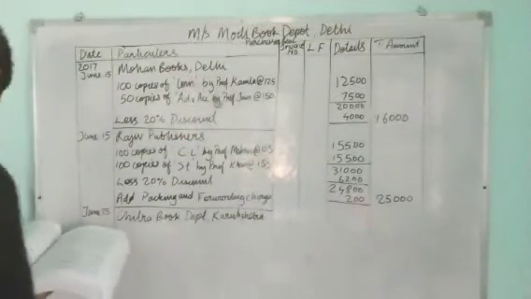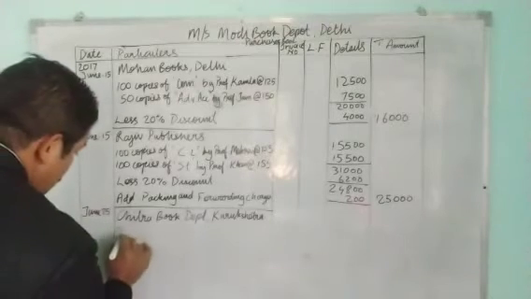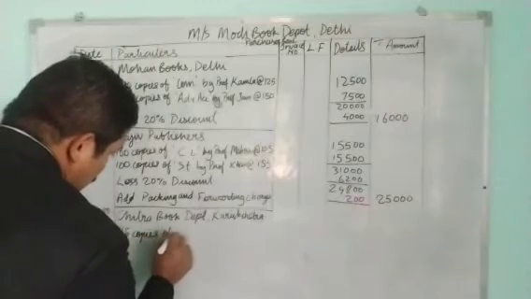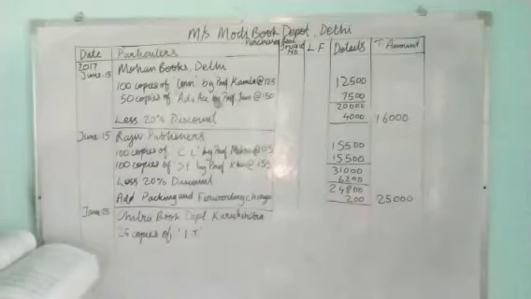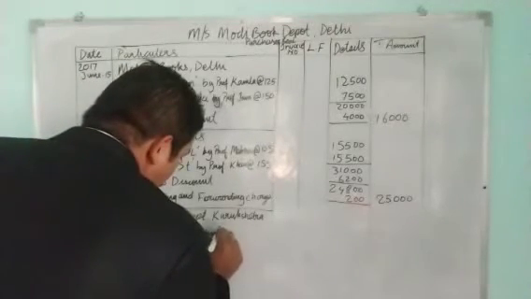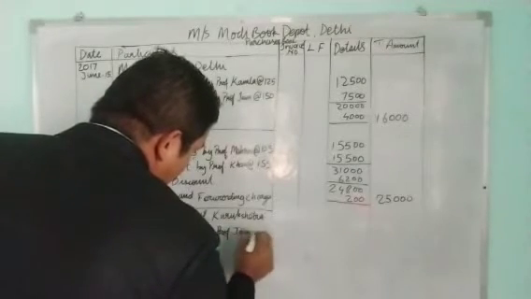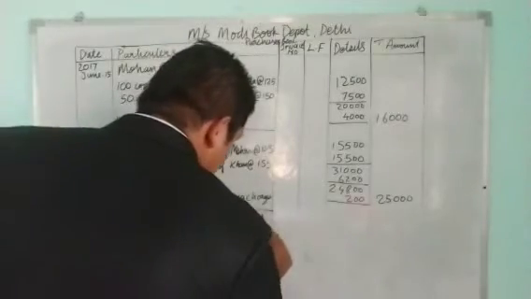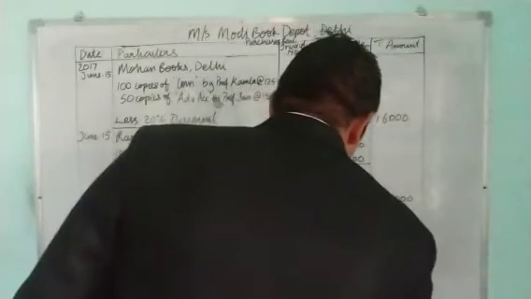And what are the things that we have purchased? 25 copies of income tax. I am just writing IT, you can write fully income tax by Professor Jain, at rupees 140 each. So the total amount is 3,500.